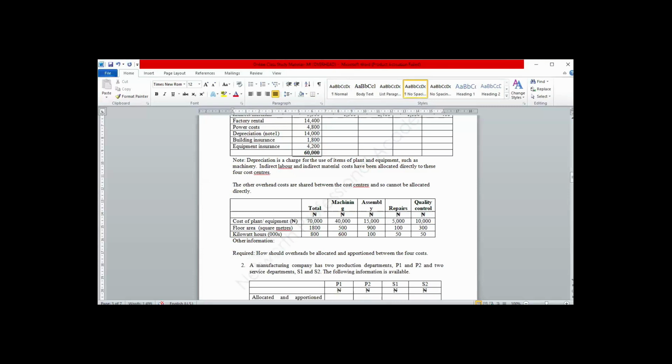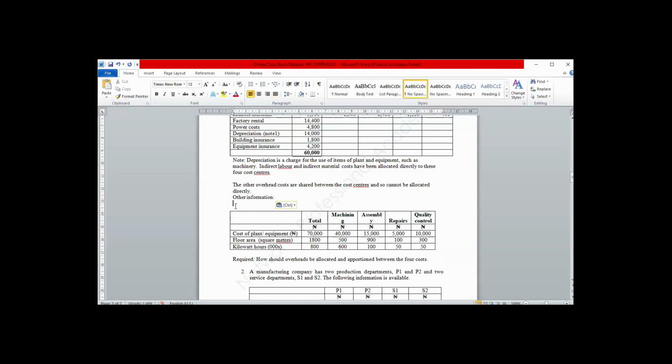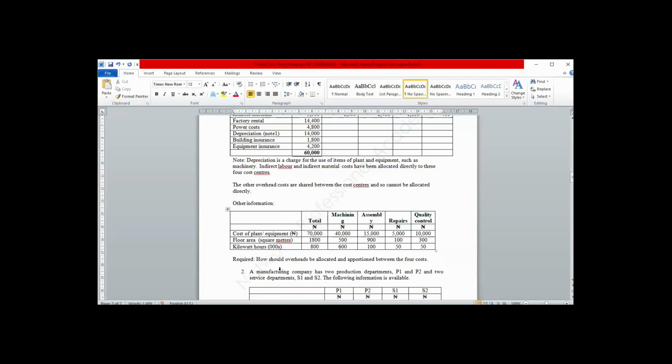Now, the question at the end of the day asks us to what? They ask us, required, how should overhead be allocated and apportioned between the four cost centers or cost units?